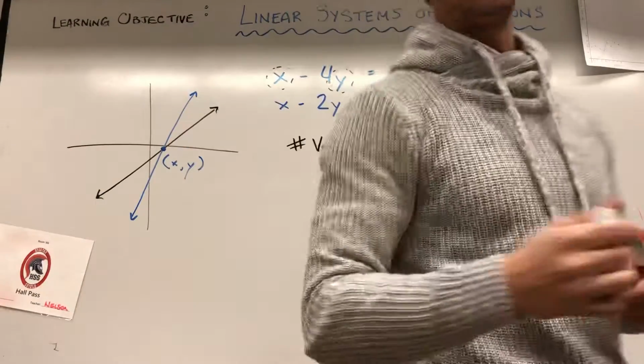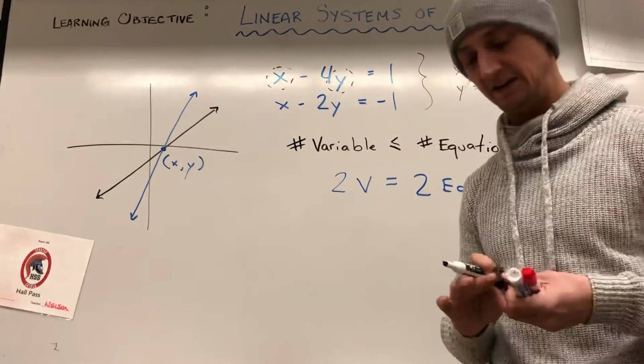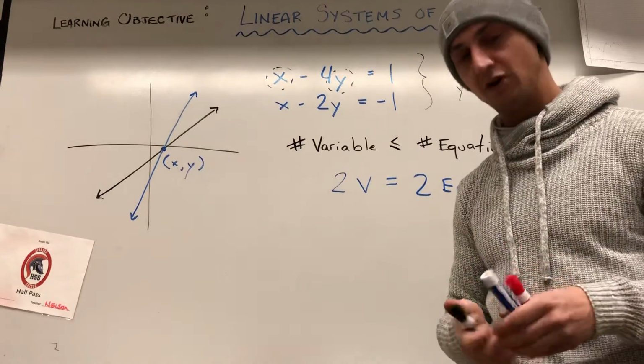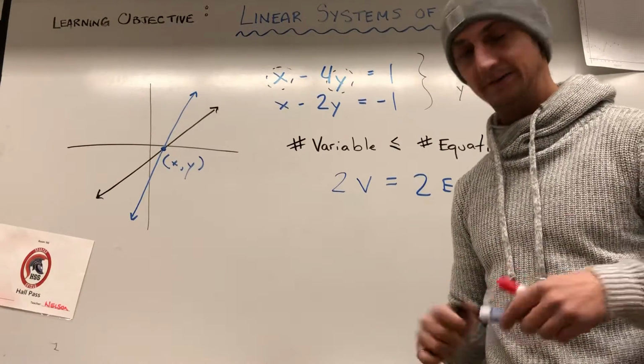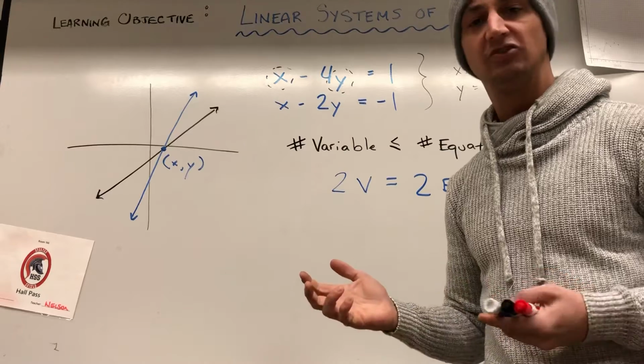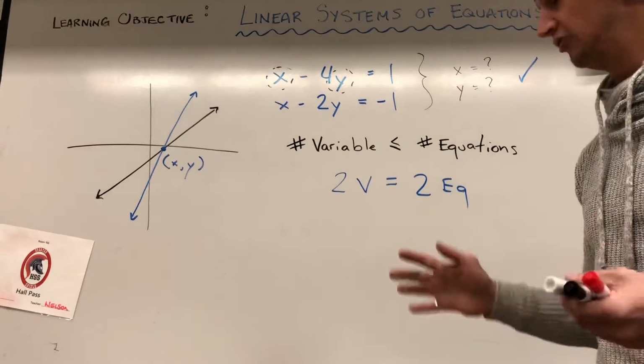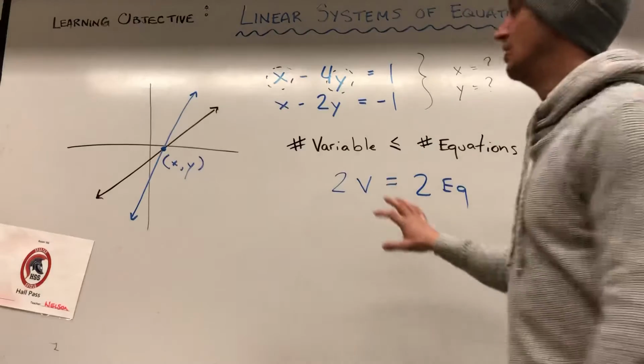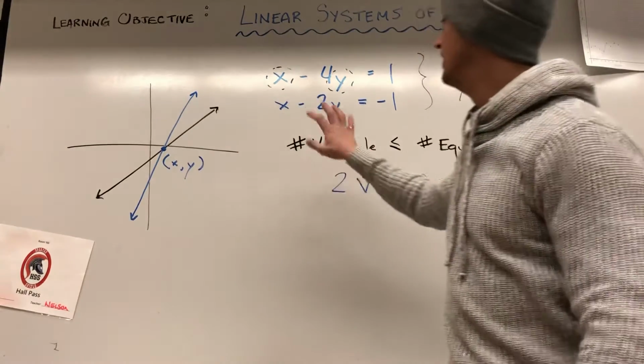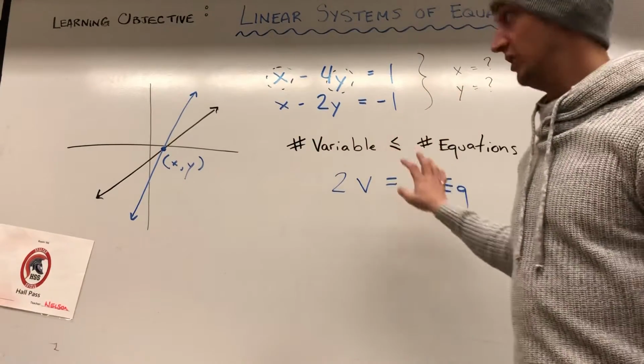That is what my solution is. And this comes in handy when we start working with word problems and we're determining optimization, min-max related issues. And we'll talk about that in a future video. But for now, this is what we need to know about linear systems of equations.